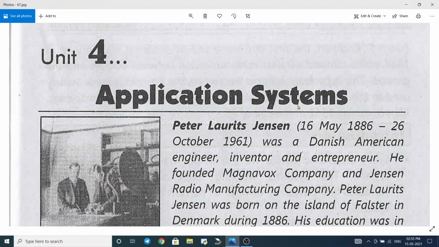The application system may have a number of inputs coming from a number of sensors, and these circuits are used for processing of the signals coming from the input devices or sensors.